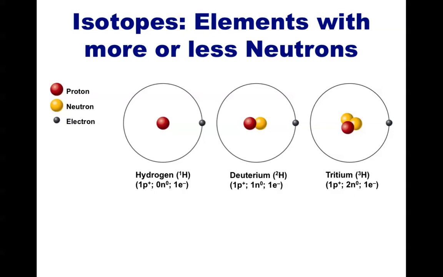For example, hydrogen normally has one proton and no neutrons. An atom with one proton and one neutron is an isotope of hydrogen. For the most part, isotopes behave the same as the normal version of the element.